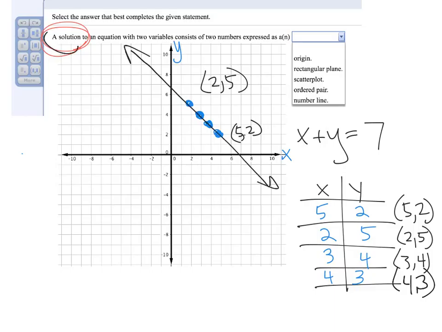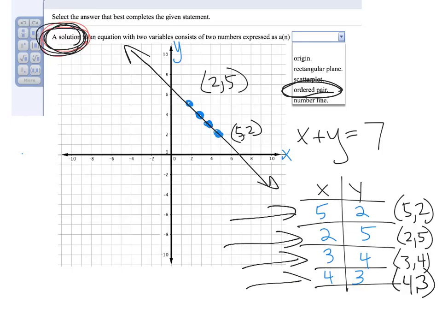Well, all of our dots are making a perfectly straight line. But right now, a solution is considered an ordered pair. Each one of these guys is considered a solution. Now, a collection of all the solutions is considered a line. But at this point, we're just talking about one solution, and that's an ordered pair.